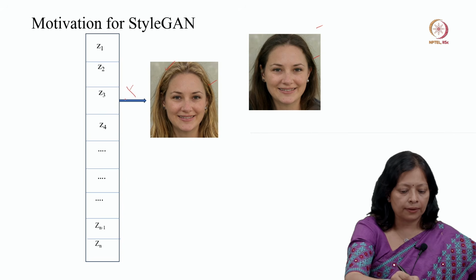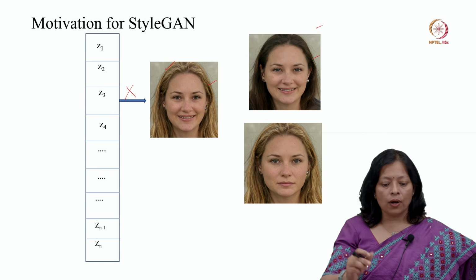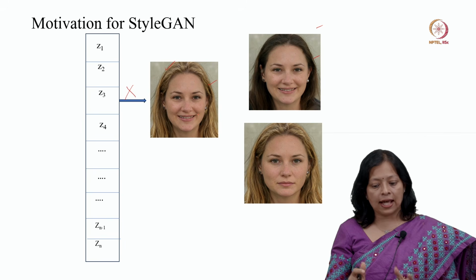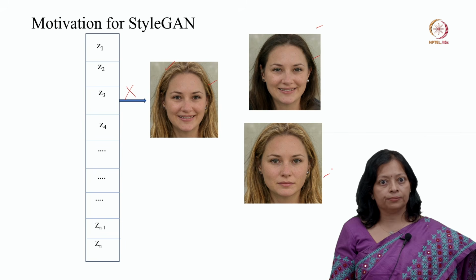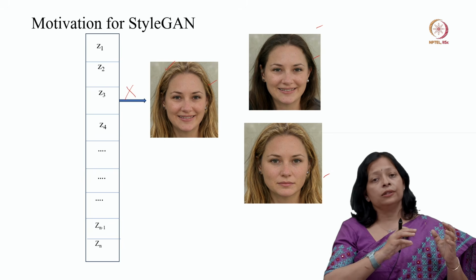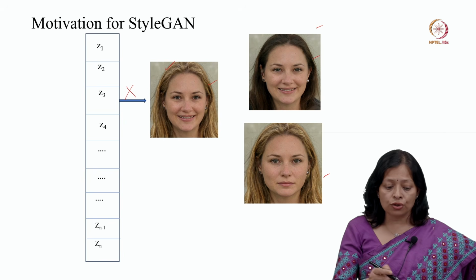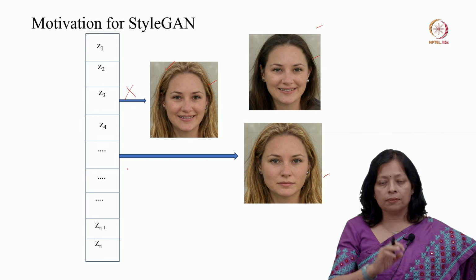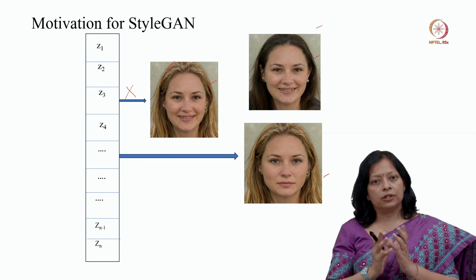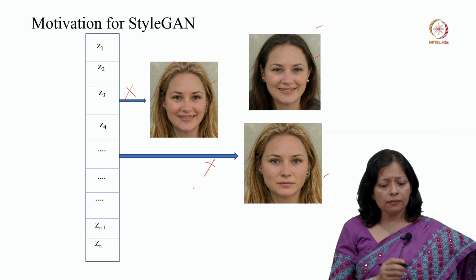But it is not there. Once again, this is a smiling face and I want the smile to go off. Can I have fine control on the latent vector that I am putting inside the generator? Can I control which latent variable I can change so that the smile goes off and it becomes a different kind of facial expression? That is not there.